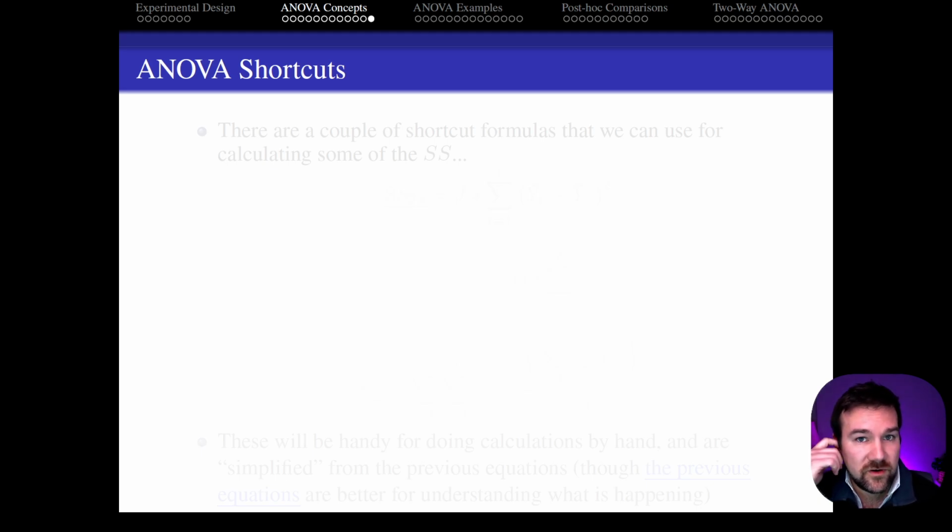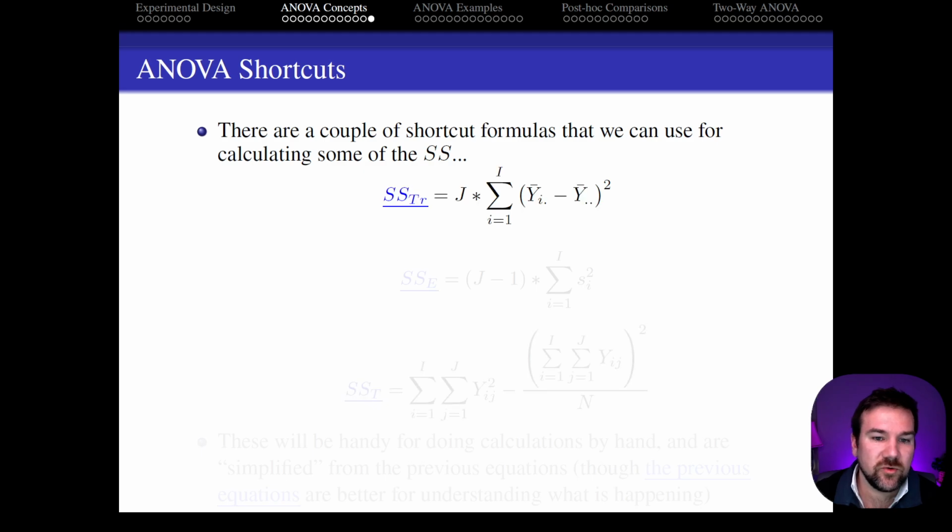All right, so again, I mentioned in the fundamental ANOVA identity slide, these are the equations for those different components, but there are some shortcuts if you want to take some shortcuts in the calculations. So for the sums of squares shortcuts, the sum of squares treatment can be shortcutted as capital J, the total number of observations in each group, times the sum of (y sub i dot bar minus y sub dot dot bar) quantity squared.